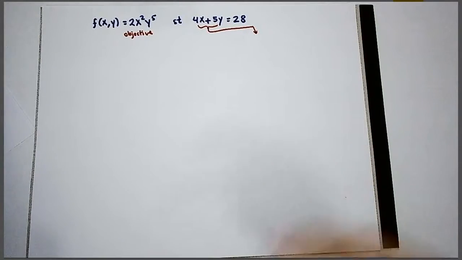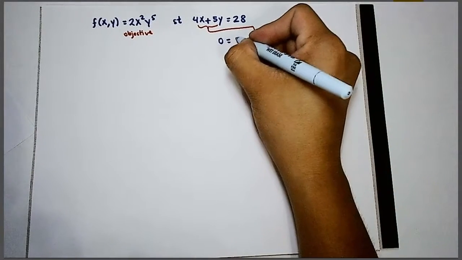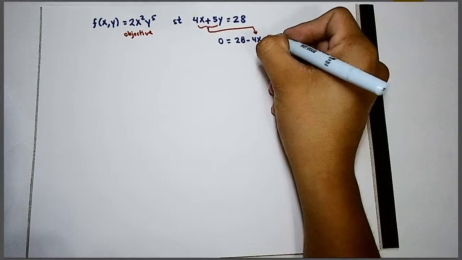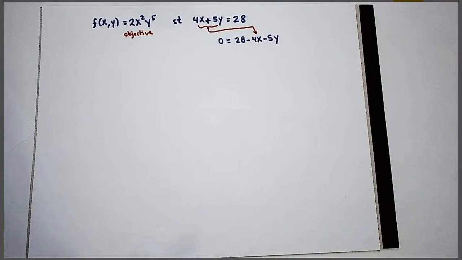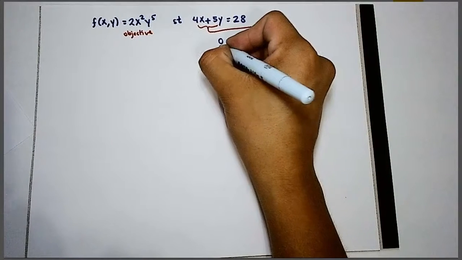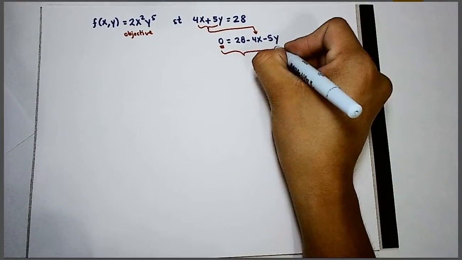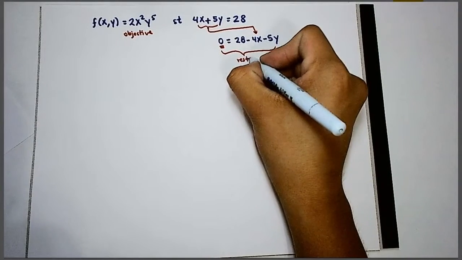So this is going to be 0 equals 28 minus 4x minus 5y. So this is going to be the way that we will need to write our restriction. So remember, we normally will have 0 in one of the sides, normally in the left-hand side. So this is going to be our restriction.